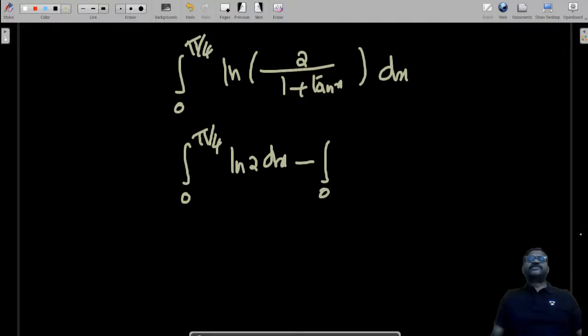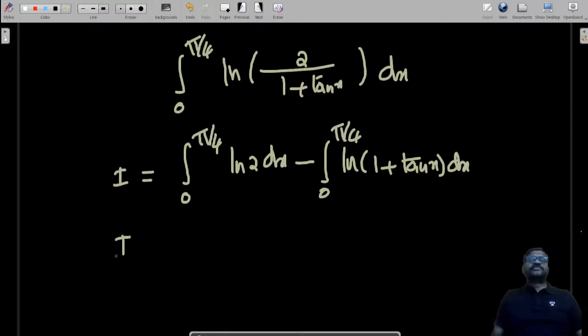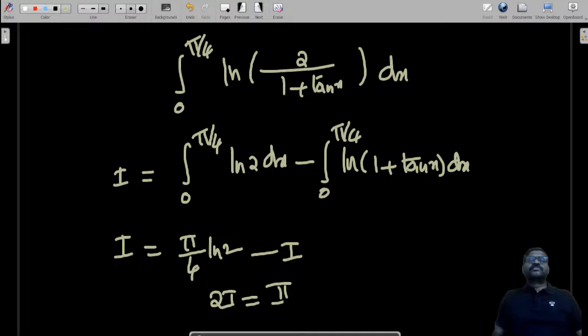That is the integral of log 2 dx minus the integral of log(1 + tan x) dx, that is I. I equals π/4 log 2 minus I. So 2I equals π/4 log 2.